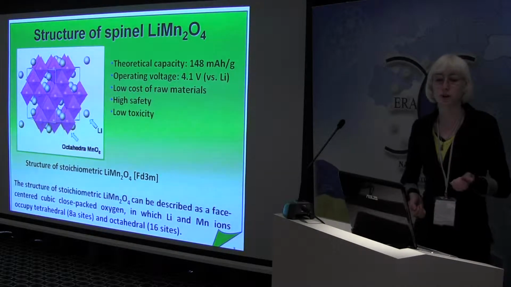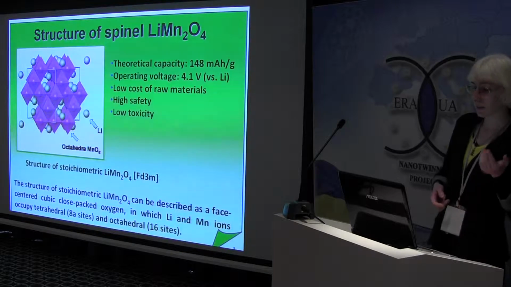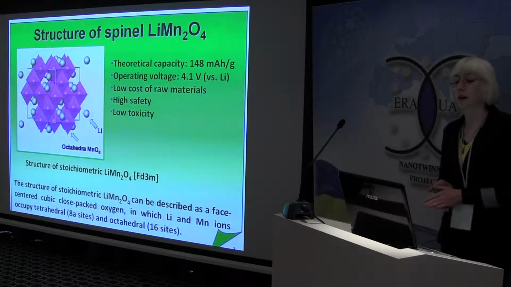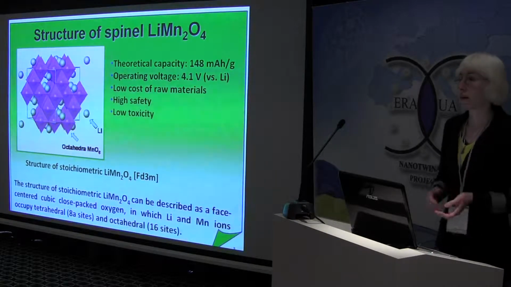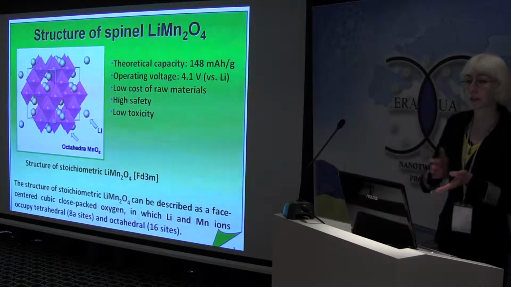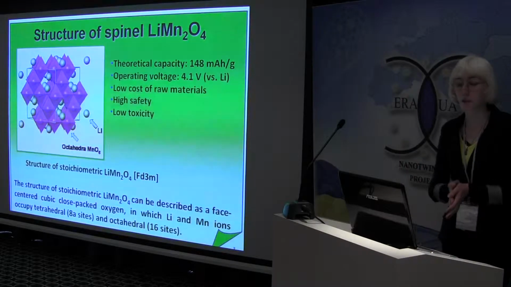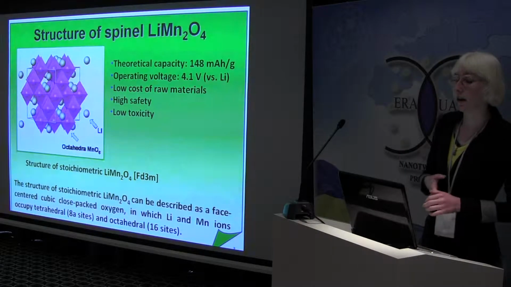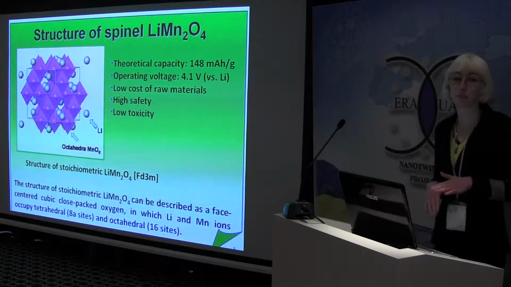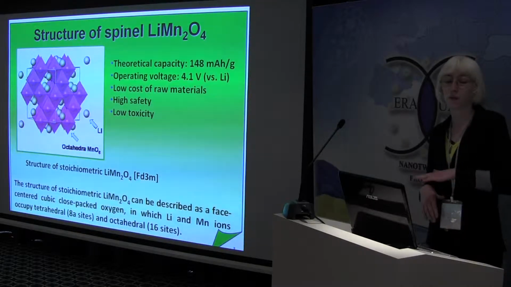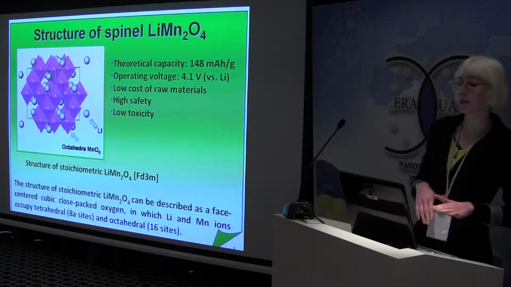And I focus on the cathode, and I chose the material lithium manganese oxide. This material is promising for lithium-ion batteries due to its low cost of preparation and it is less toxic than, for example, lithium nickel oxide or lithium cobalt oxide.